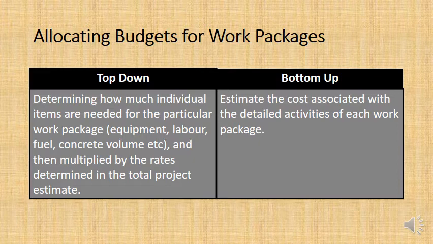The solution is having good communication during the budgeting, making sure that there's no crossover, that no one is pricing something like a crane establishment multiple times, or not at all if it's missed out entirely, and then breaking down the work breakdown structure further and creating a work package for that particular item that affects other work packages.